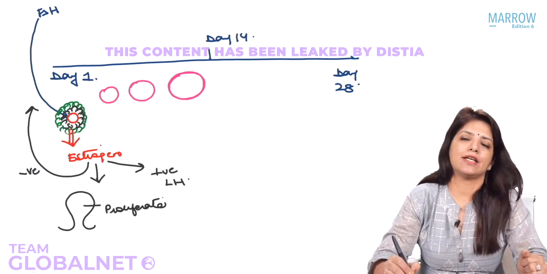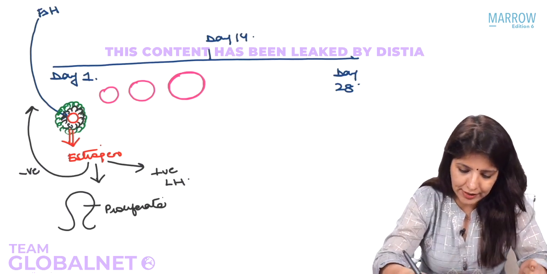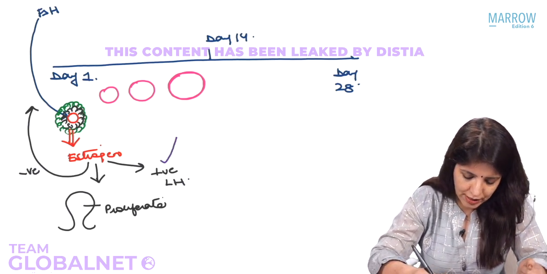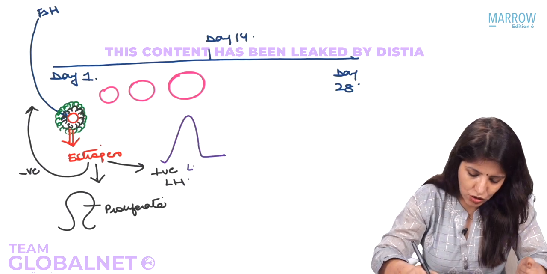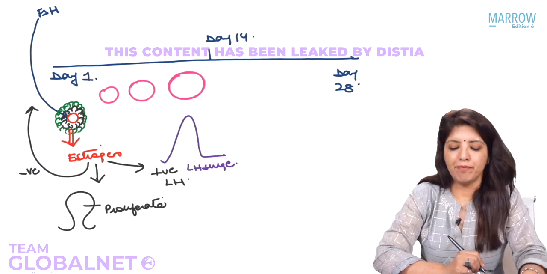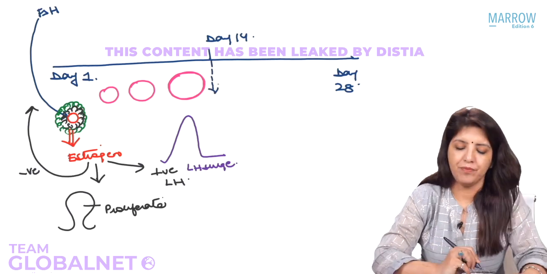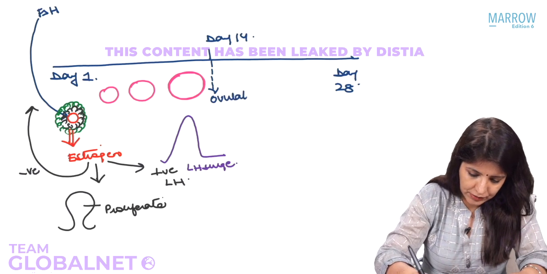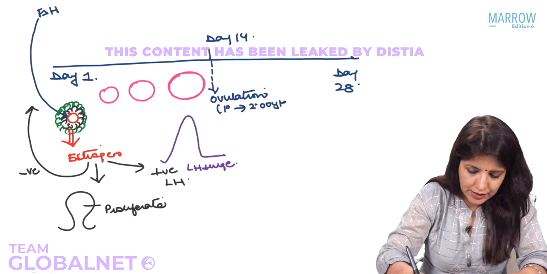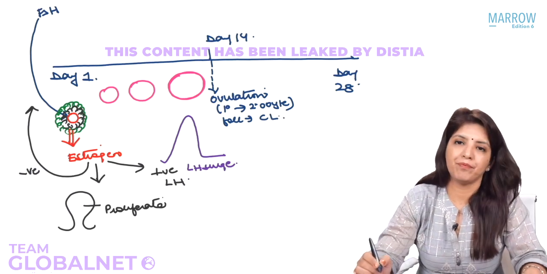Because of this, the levels of LH will suddenly increase, and this will be called the LH surge, right? Now, because of this LH surge, on day 14, ovulation occurs. In other words, the primary oocyte gets converted into a secondary oocyte and the follicle gets converted into the corpus luteum.